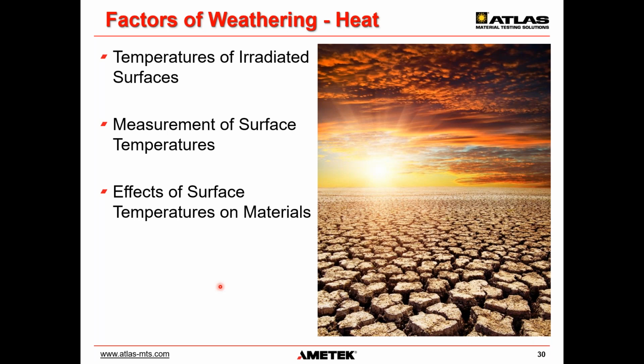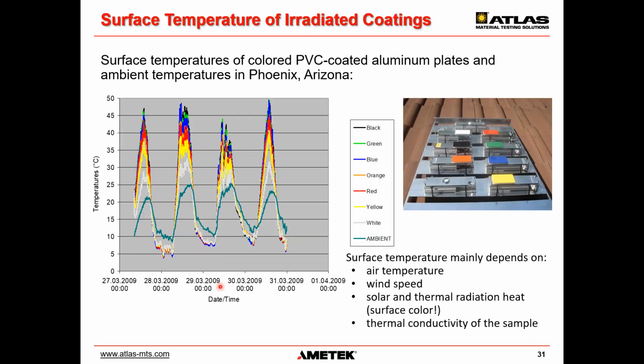Temperature of irradiated surfaces: how they are described, how they are measured, and what effects we are going to have. And it's actually not a big surprise. Everybody knows this: the darker a surface exposed to solar radiation, the higher the surface temperatures, typically.